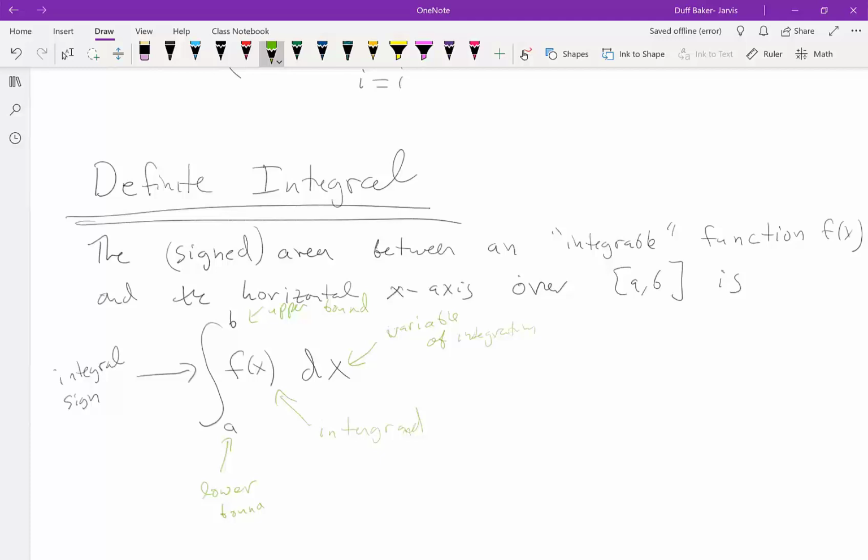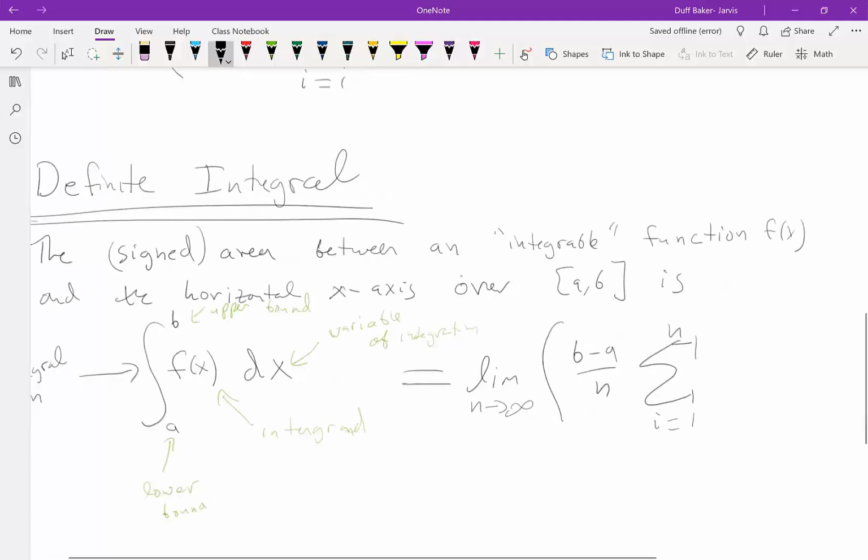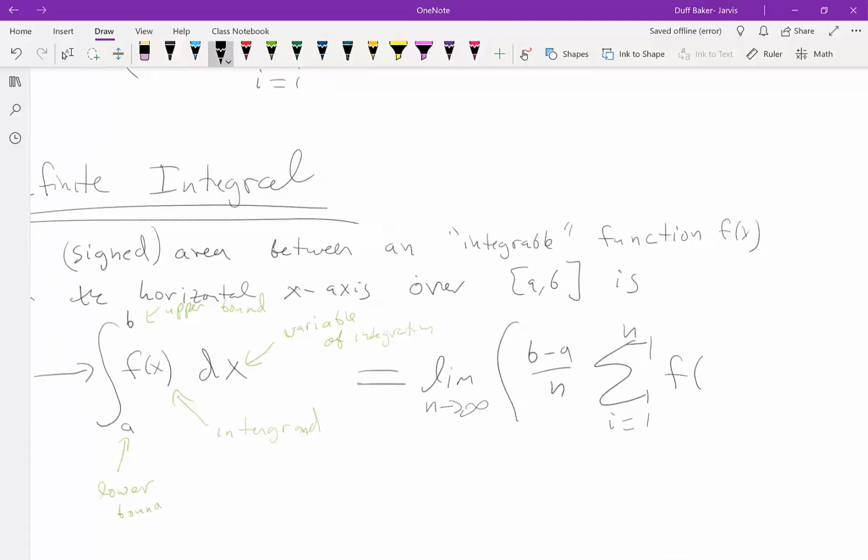Okay. And so this is just a new symbol, but what it really stands for is the area we've been trying to compute. And the way you compute it is using this fancy limit of all these sums. Let's write it the way we were writing it: b minus a over n, sum i equals 1 to n of f of a plus i times b minus a over n.